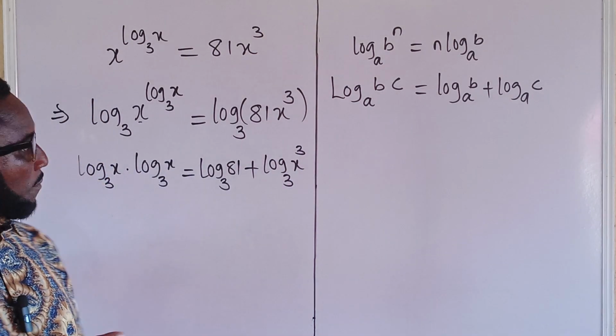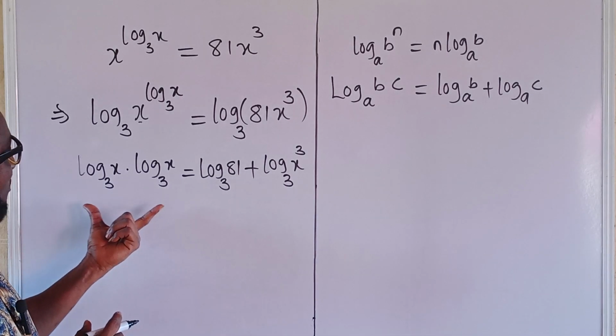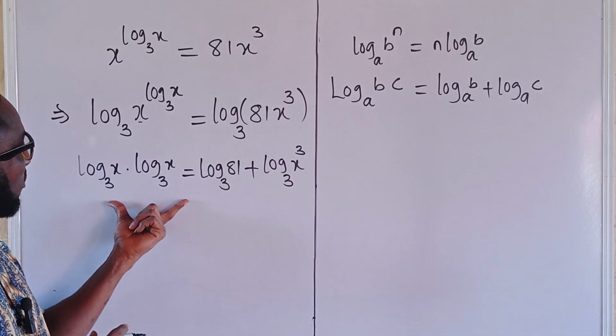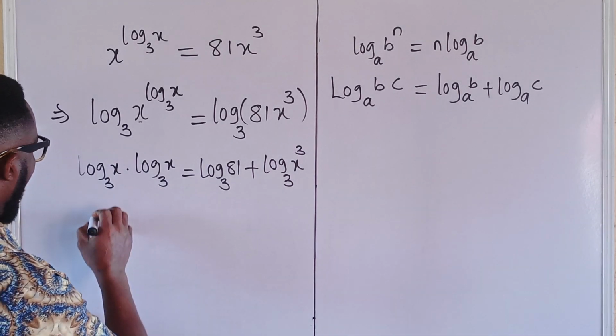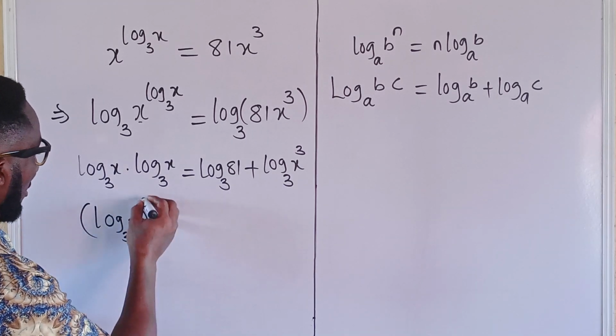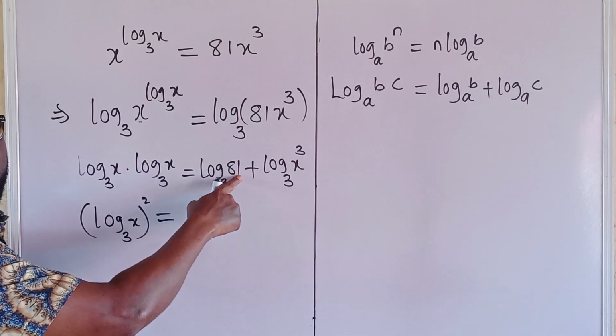Okay, with this, we can now go ahead to simplify. Now log to base 3 of the argument x multiply log to base 3 of the argument x, that's log to base 3 of the argument x whole squared. Then we have 81, which is 3 to the 4th.